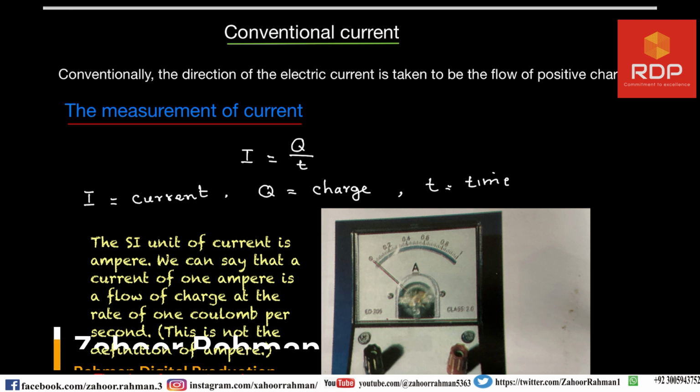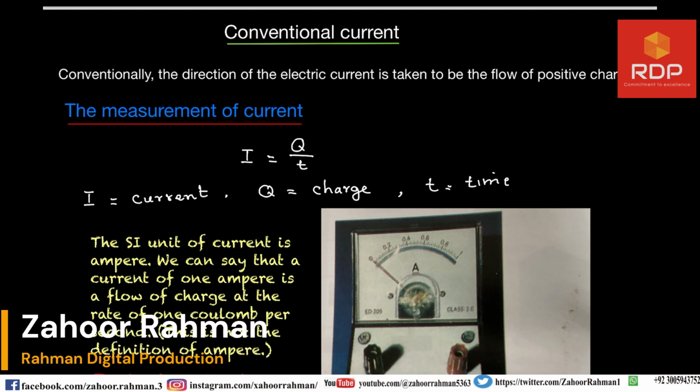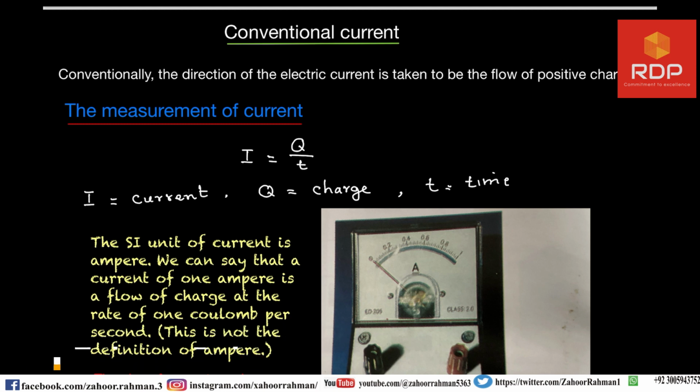Now let us turn our focus to the next and very important topic, and that is the measurement of current. As I told you earlier, current can be detected by galvanometer, but current can be measured by the instrument called a meter.